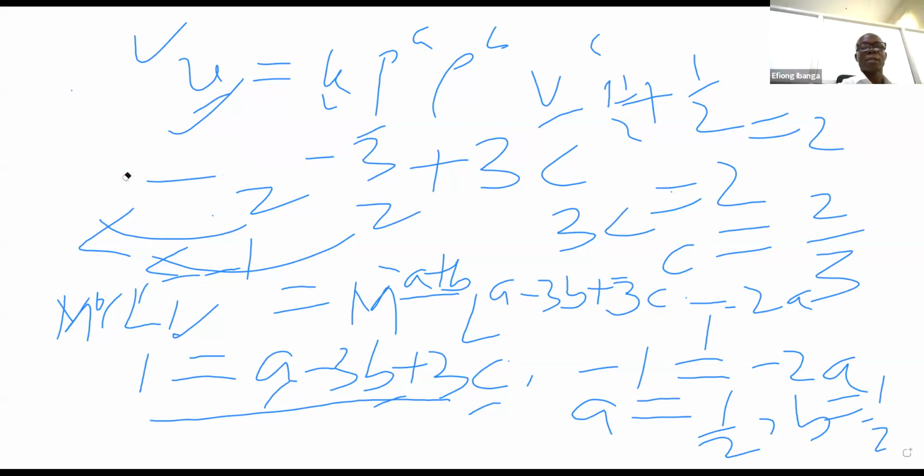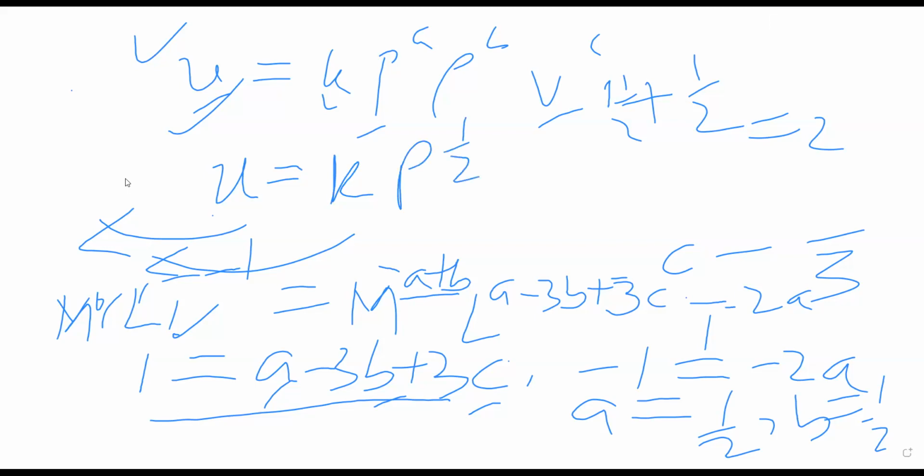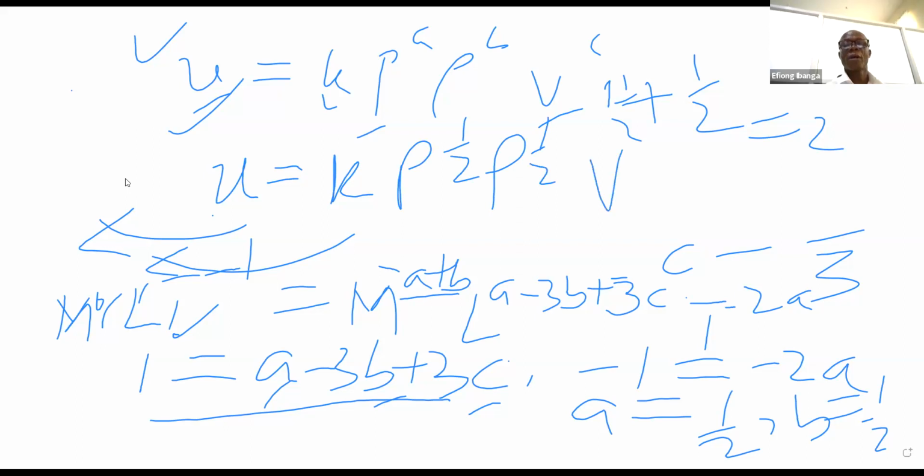So then we can write this with all the values that we have obtained. It's supposed to be something like this. It means we are saying that our U is a certain constant K, which we do not know, P raised to power half, rho raised to power half, and a volume V raised to power 2/3.